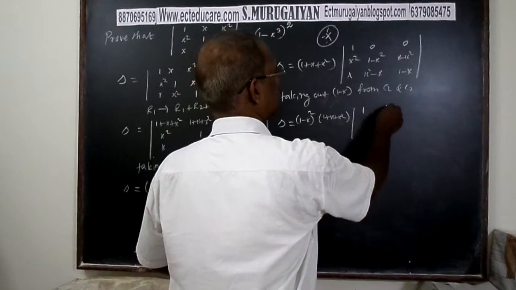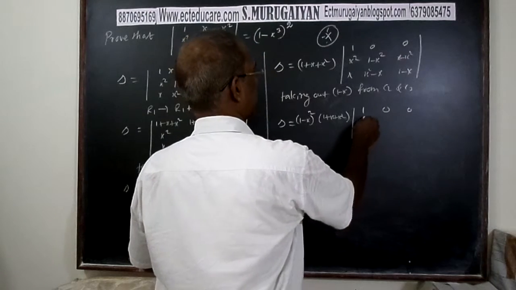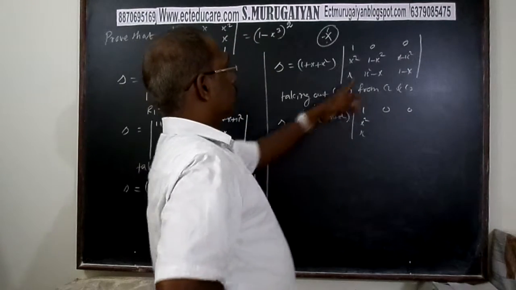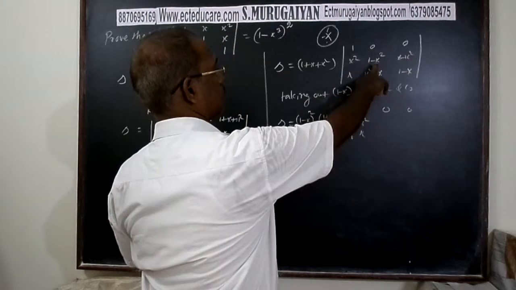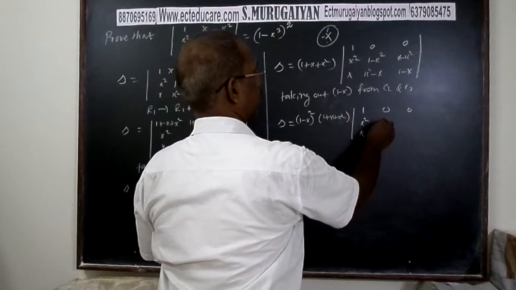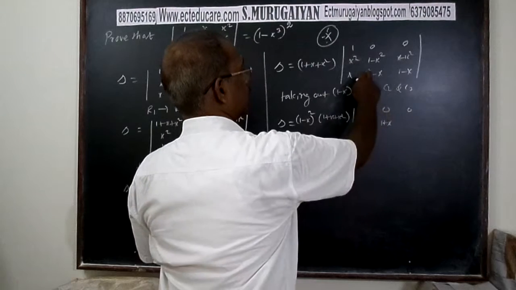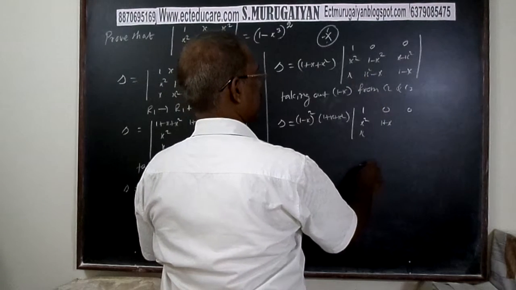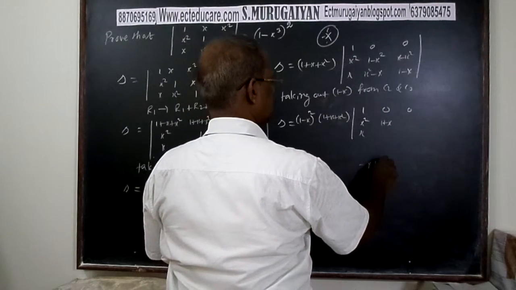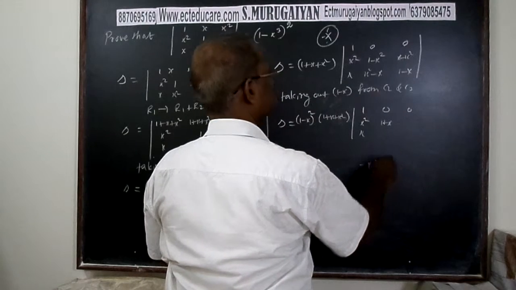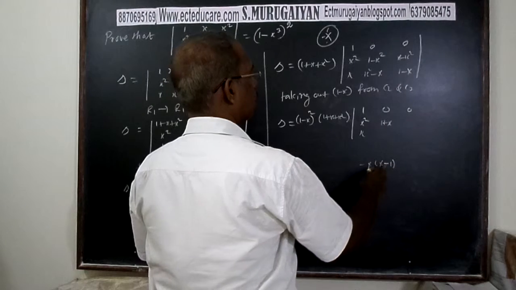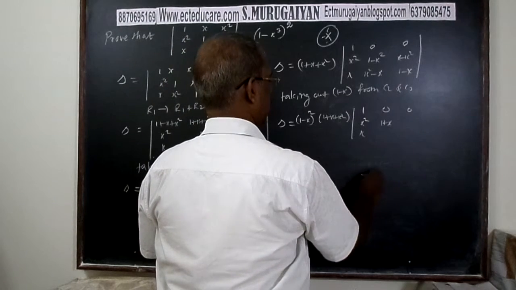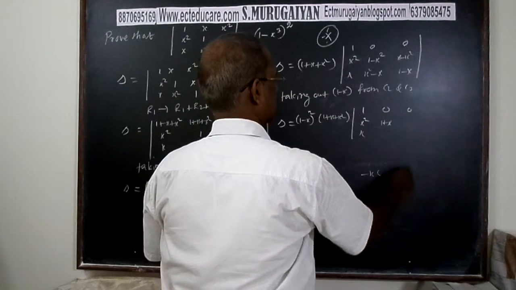Then the determinant with first row 1, 0, 0 and second row x square, x. So 1 minus x square is 1 minus x into 1 plus x. 1 minus x is taken as a common factor, the remaining factor is 1 plus x, and this is minus x into x minus 1, or minus x into 1 minus x, correct?